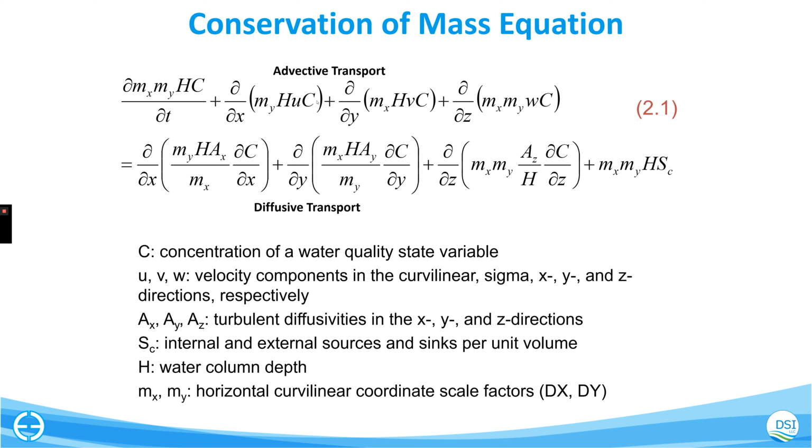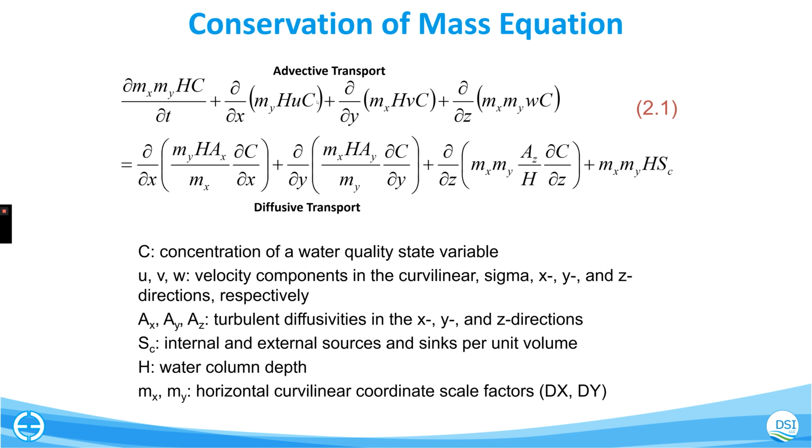You've seen these equations numerous times today already, so I won't get into it, except for the source term. We have the internal sources, which are all the kinetic processes, and the external sources and sinks, which of course are your boundary conditions and atmospheric loadings.